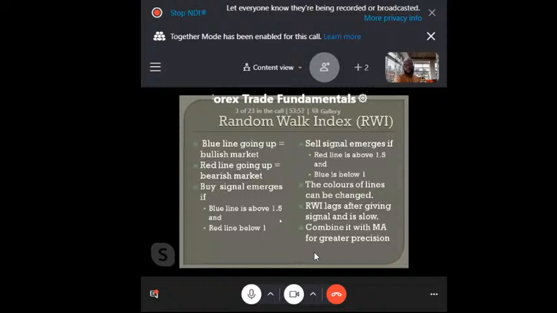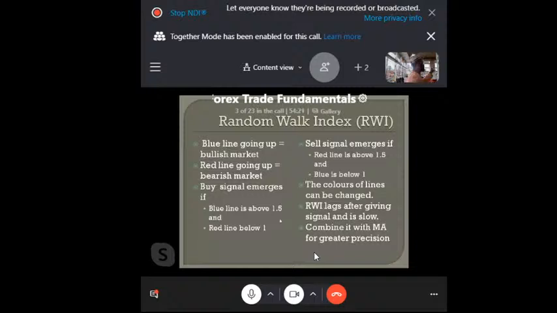Blue line going up indicates what? A bullish position. Red line going up, bearish. Buy signal emerges when the blue line is above 1.5 and the red line is below 1.